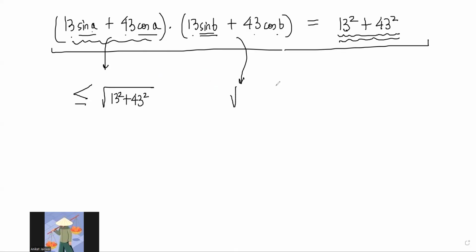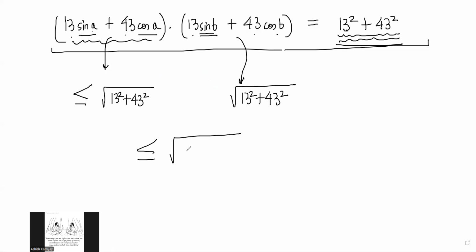And so this expression also will be less than or equal to root over 13 square plus 43 square, right? So the product has to be less than or equal to this. It is guaranteed that the product has to be less than or equal to this, right?